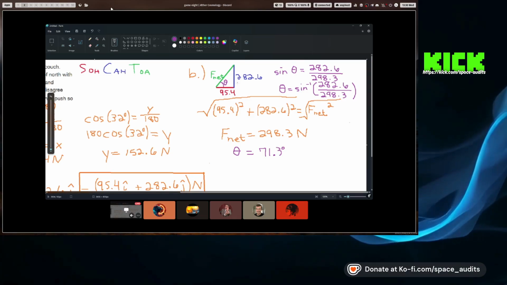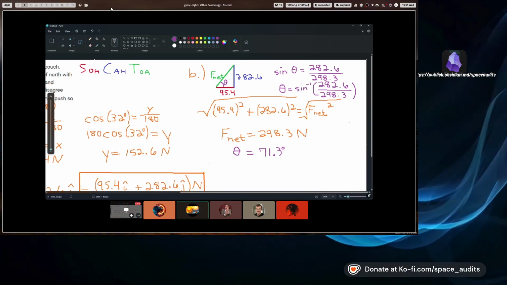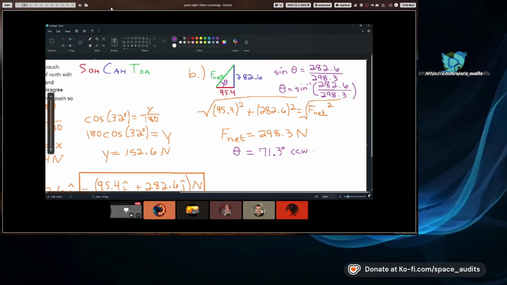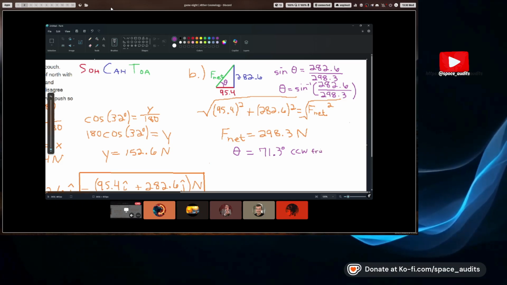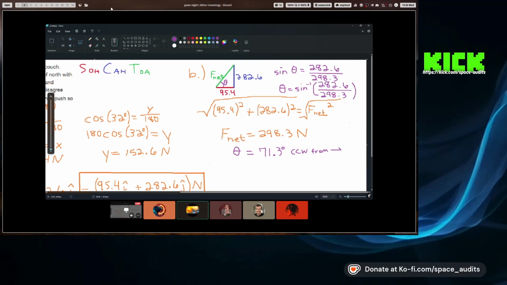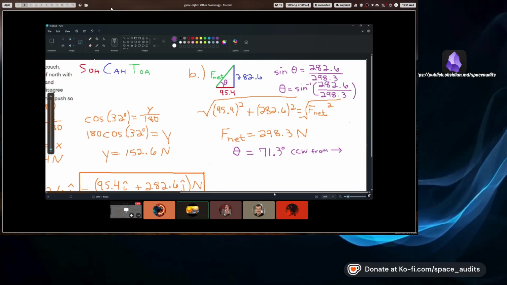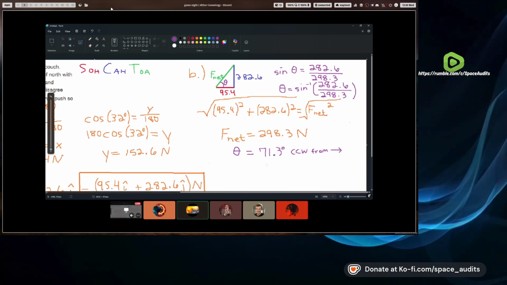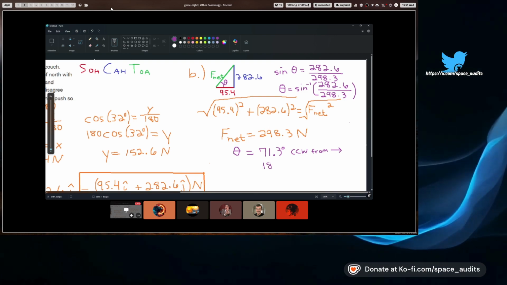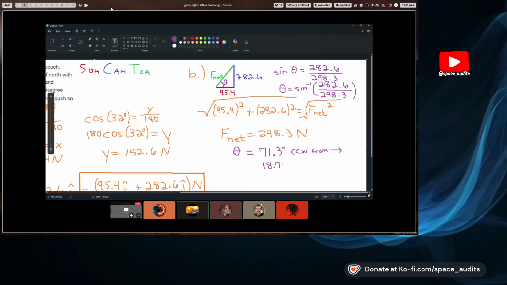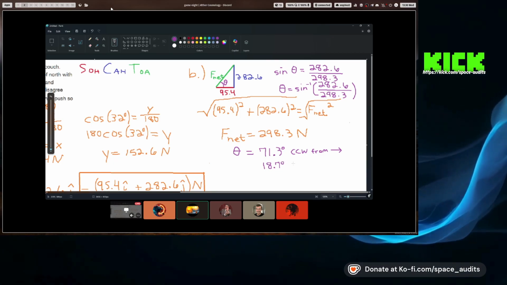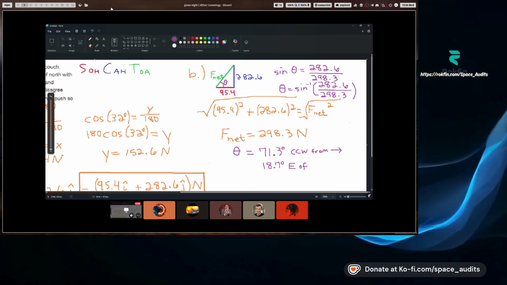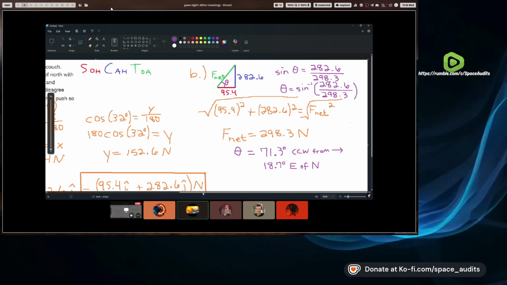That is counterclockwise from the horizontal. So I could say 71.3 degrees north of east, or I could say 90 minus this, which would be 18.7 degrees east of north, because it would be clockwise from north, which is what they were using to begin with, right?